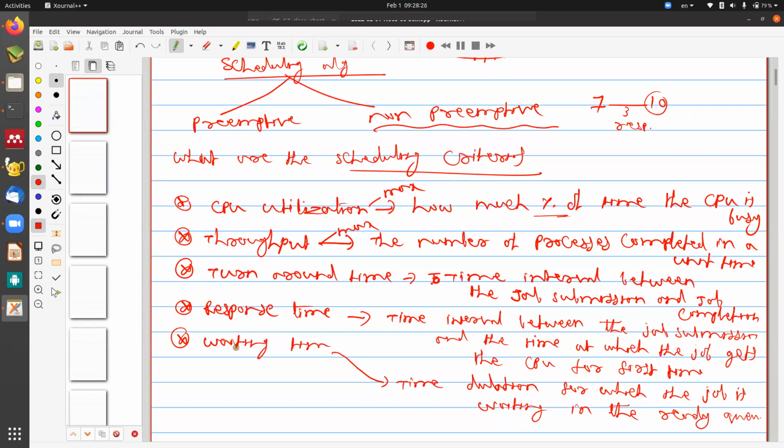And what is waiting time? Suppose I took class from 10 to 11, again from 1 to 2, and again from 3 to 4. These are the classes I have taken. But I stayed from 7 to 5, a total of 10 hours.